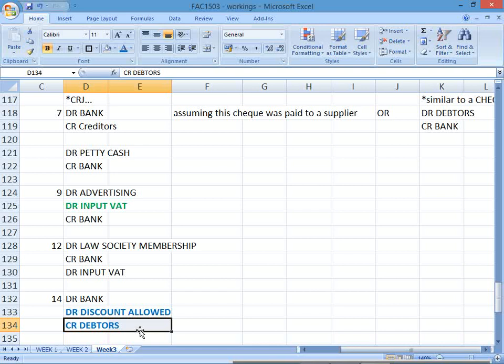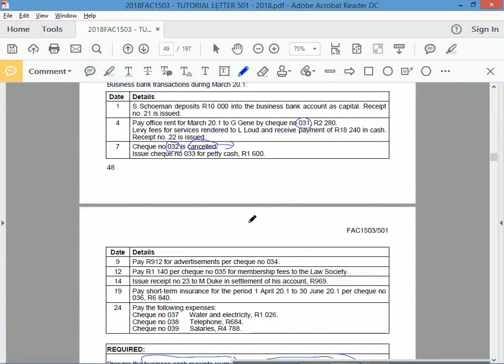Discount received, they won't specify. I put it in case there was, because they said in full settlement, so we don't know what the balance outstanding was. They said in settlement of his account, so he could have given a check for 969 and his account could have been 1,000. If I knew what his account balance was, then I'd know if there was a discount.